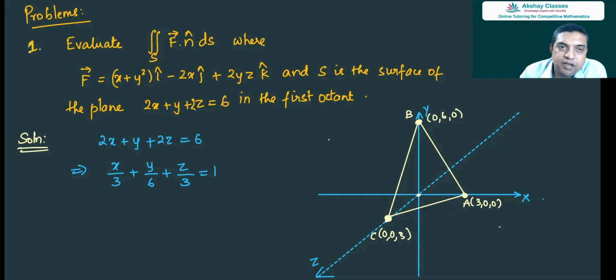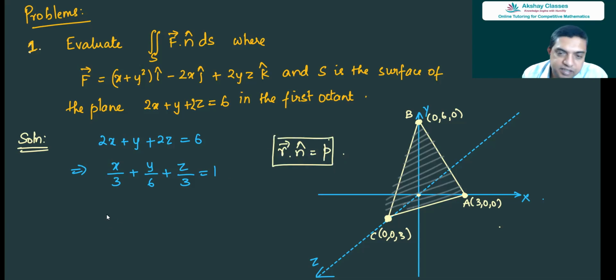This is the plane about which we will be integrating, along this particular surface. Now the normal to this surface, by a little bit of coordinate geometry: remember the equation of a plane in vectors is r dot n equal to p, where n represents the unit normal to the surface, and p is the distance from the origin.